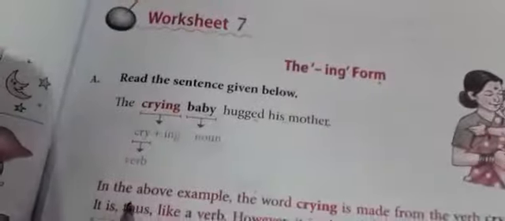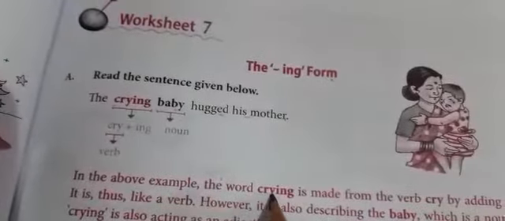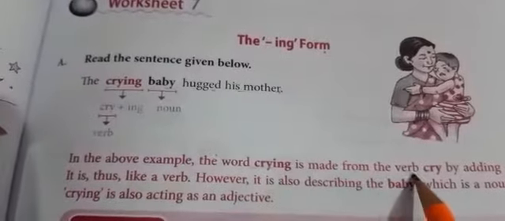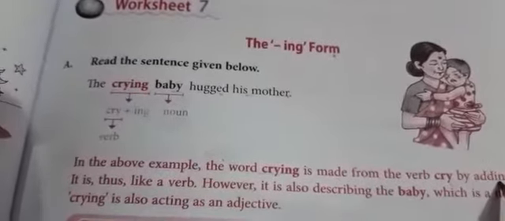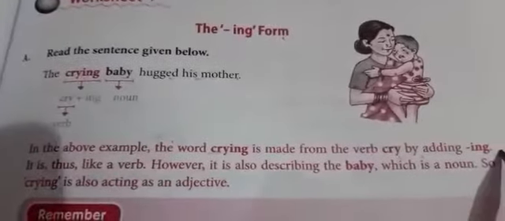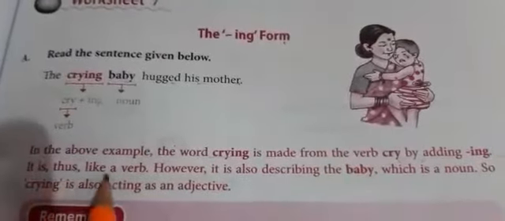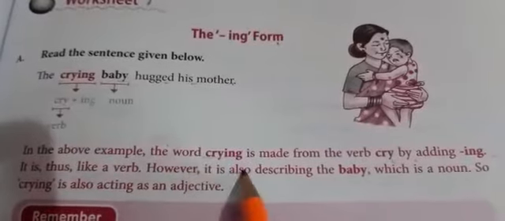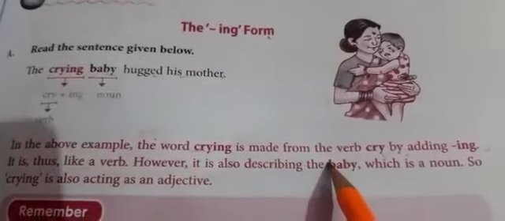And worksheet number 7, the ing form. The crying baby hugged his mother. In the above example, the word crying is made from the verb cry by adding ing. It is thus like a verb. However, it is also describing the baby.